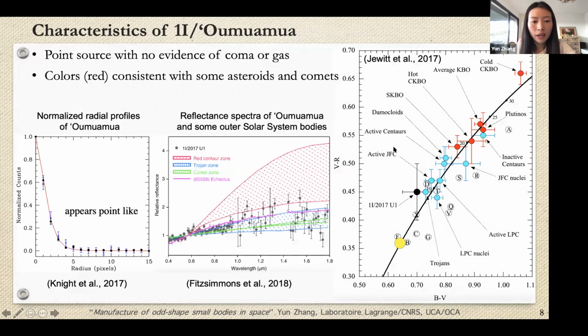The photometric and spectral characterization shows its surface is red and could be organic-rich or iron-rich, and may be subject to some space weathering. Its color is in fact similar to many solar system small bodies, such as some comets, some Jupiter-family comets, and some non-periodic comets.